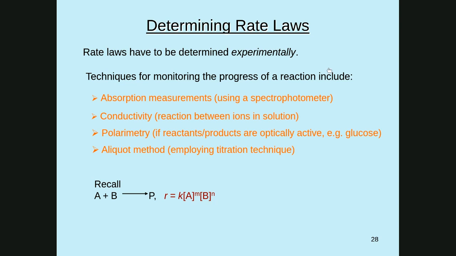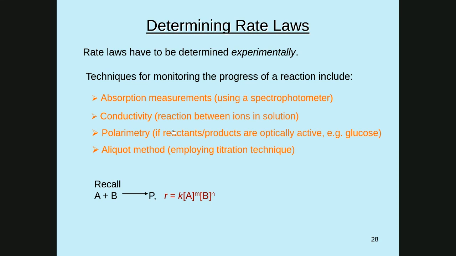Now, as I already pointed out a couple of times, the rate laws for any given reaction can only be determined experimentally because of vast theoretical problems, right? Mathematical problems. Now, what kind of techniques do we have at our disposal? Well, there are many. There's only 4 listed here.